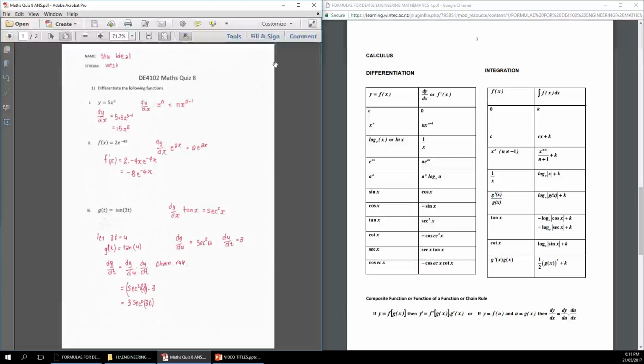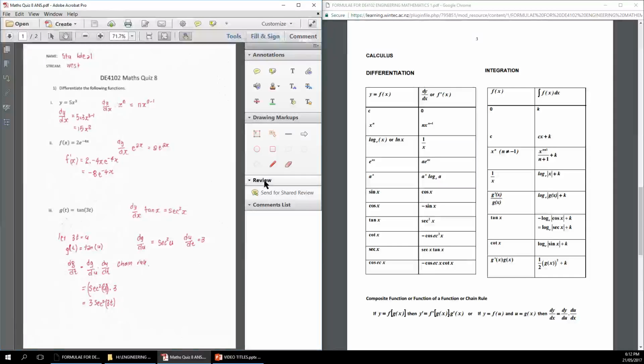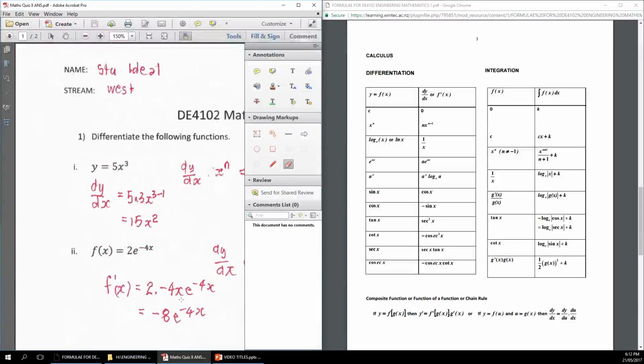So I'm going to fix that up right this minute. I wonder if I can erase it just by zooming in and erasing that x.